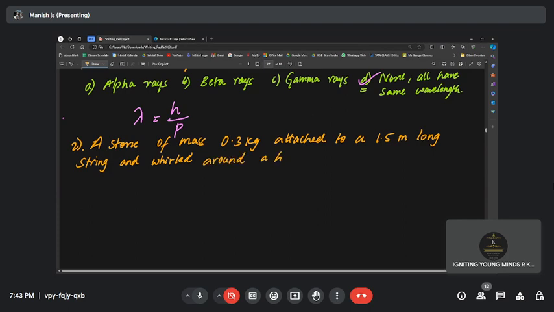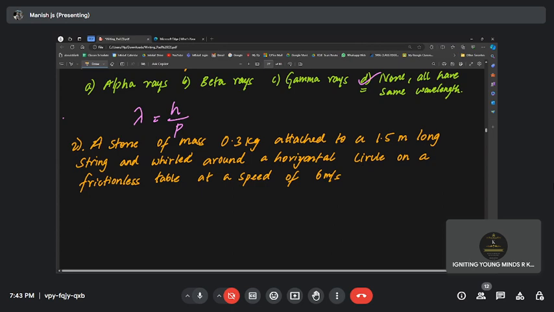a horizontal circle on a frictionless table at a speed of 6 meters per second.